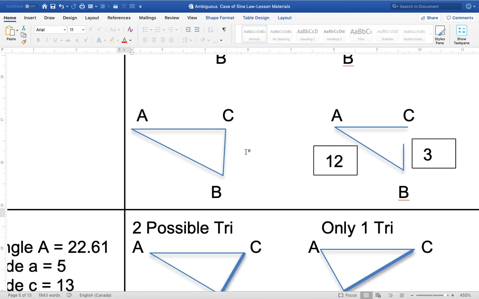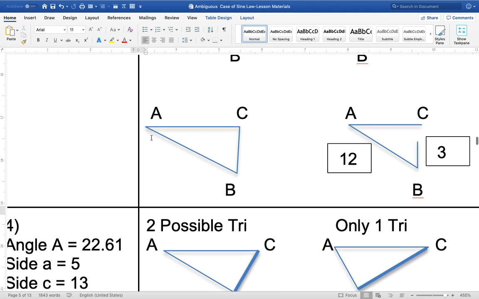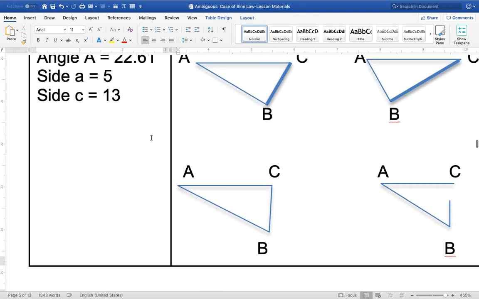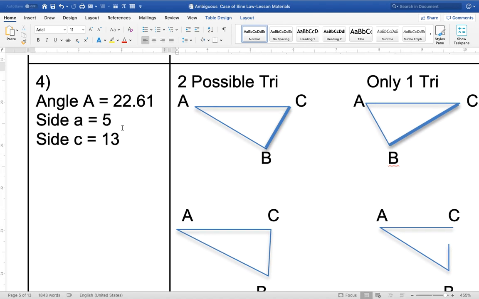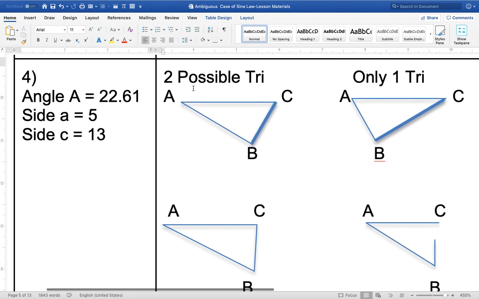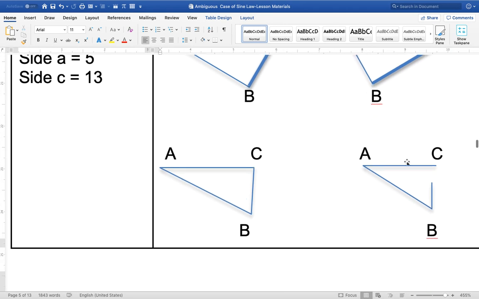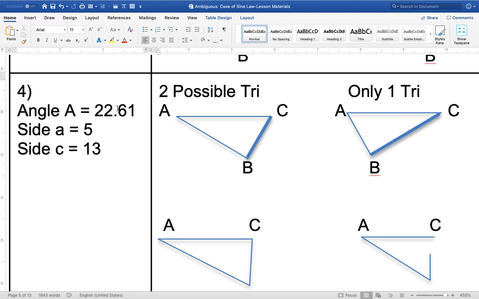Now, the last scenario is one that's very hard to do mathematically. We're going to go to this one. You have to go to so many levels of decimal place accuracy to be able to do this. But you can see that we had a scenario with 2 triangles, 1 triangle, no triangles, which is a negative discriminant, and then that looks like a right angle triangle. So let's see what happens when I put this data into the spreadsheet.